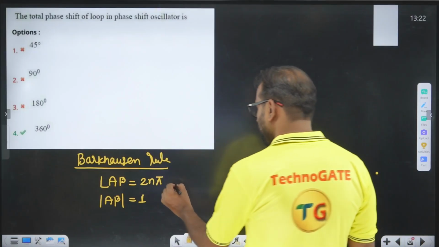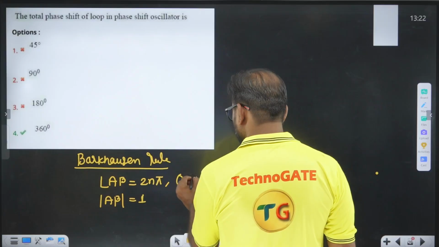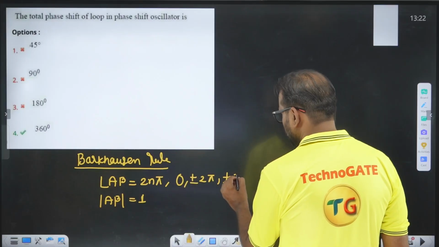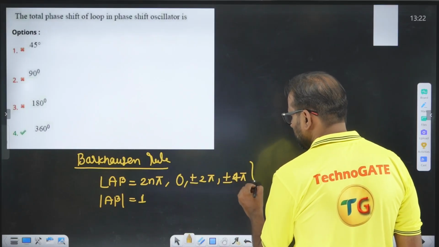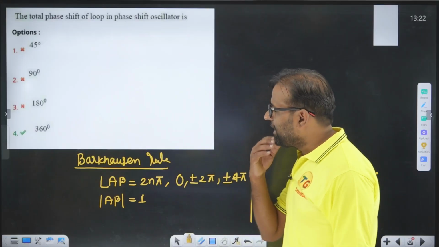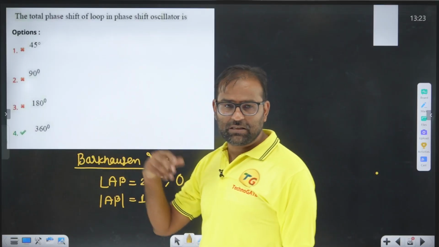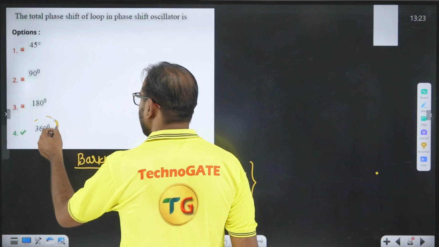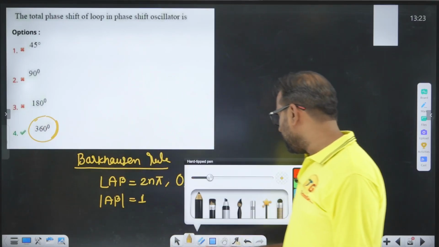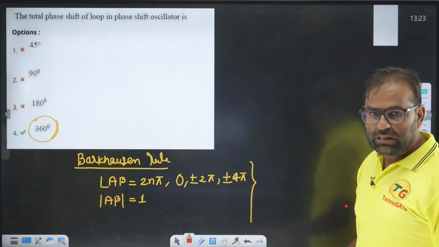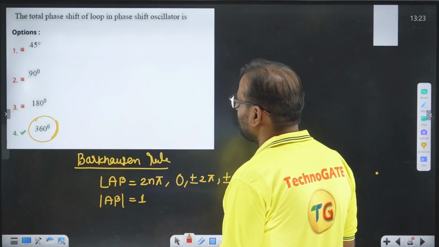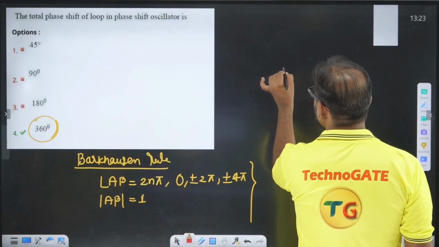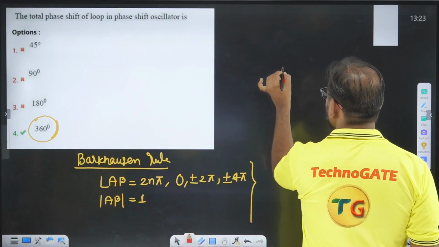So what are the possible angles? 0, plus minus 2 pi, plus minus 4 pi. These are your choices. Now 0 is not in the choice, so plus minus 360 degrees is also okay. So for any oscillation, this much phase shift is required. But remember one thing, the RC phase shift oscillator, which is given by this.